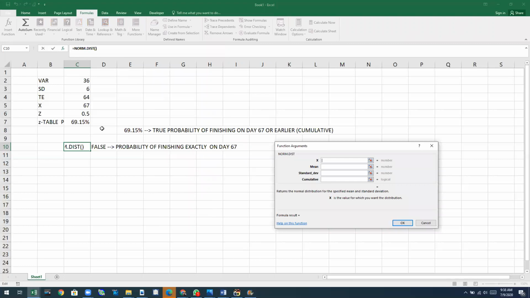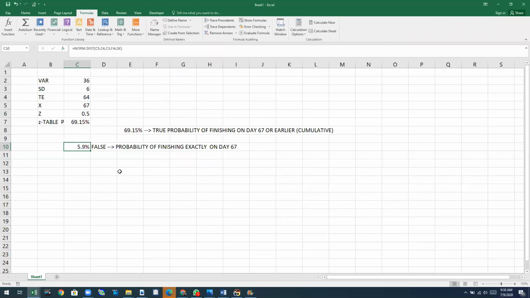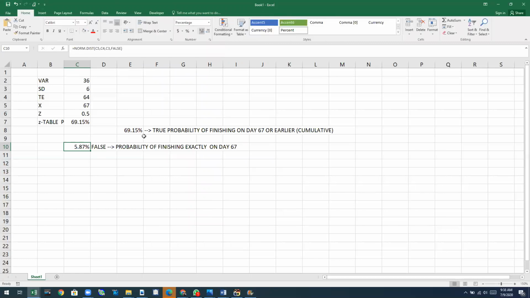So normal distribution, X is 67, and you would like to know the probability of finishing exactly on day 67. Here we say we are not looking for cumulative. We're looking for the exact. The probability of finishing exactly on day 67 is only 5.87%.